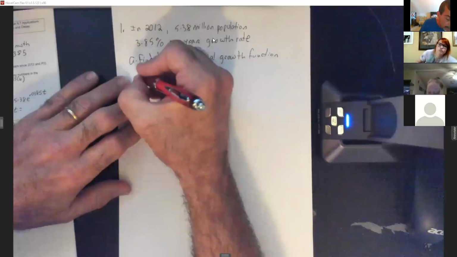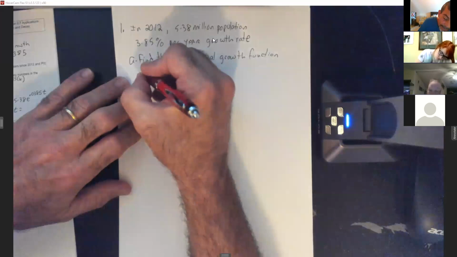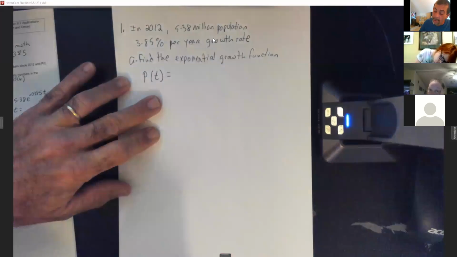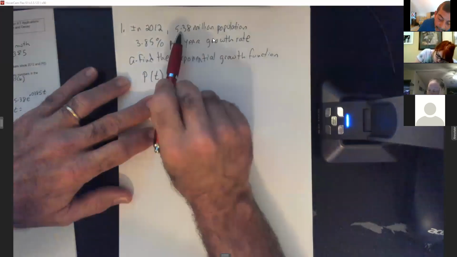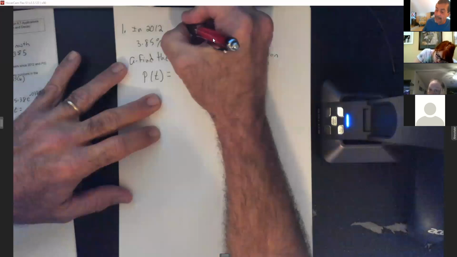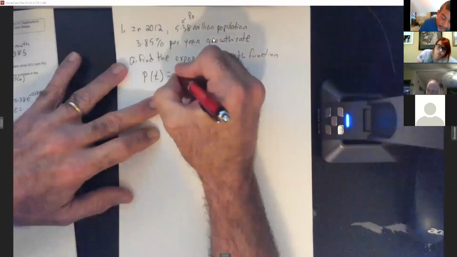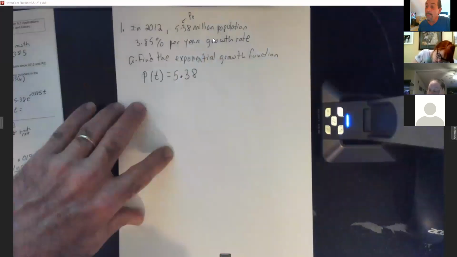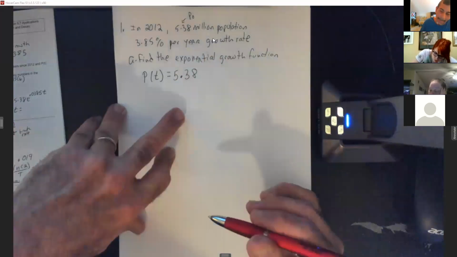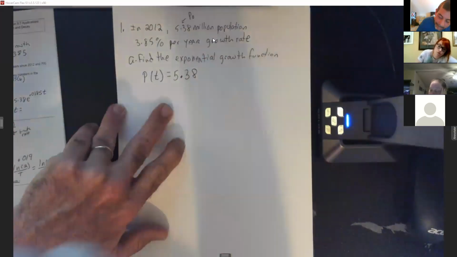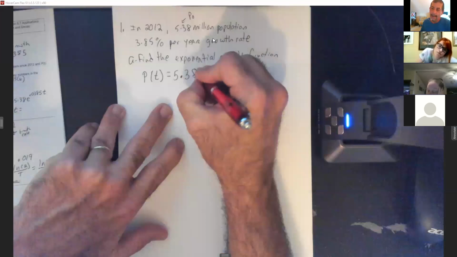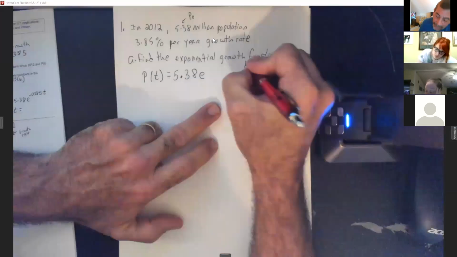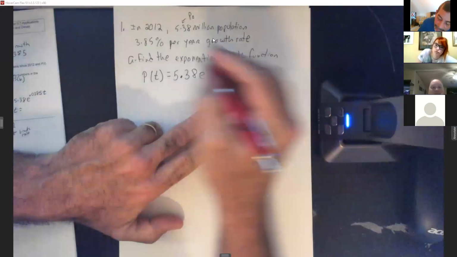So we know it's going to be P of t equals P of 0, our starting amount. The starting amount, the P0, will be the 5.38 million. So I'm just going to write 5.38. We're going to assume that any answers are going to be in millions. Then we had our e in the formula. Then we had K, but K we got to play with for a second, because K is 3.85%.